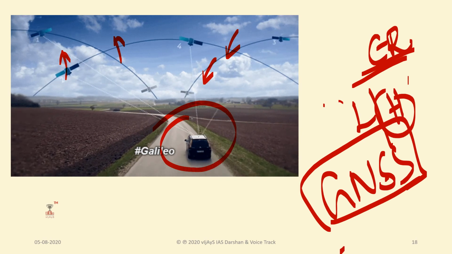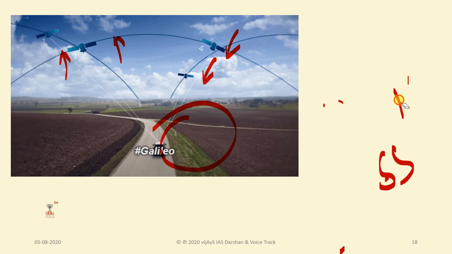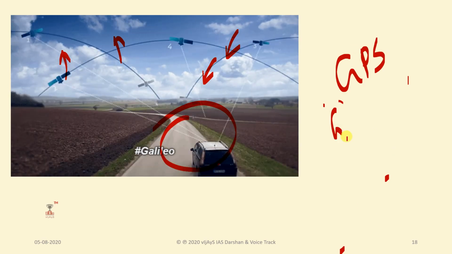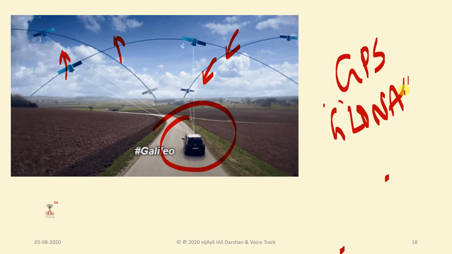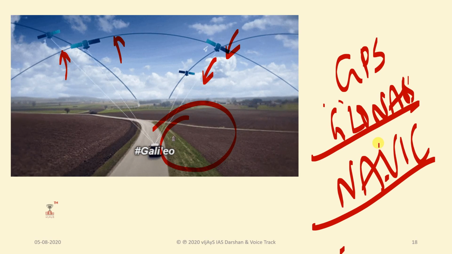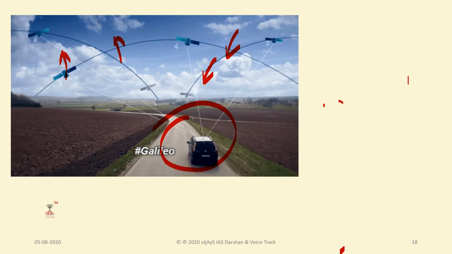Currently the American GPS system is running, and Russia's GLONASS is running here. In the future we can see India's also, called NAVIC. Next, China is also in the process of expanding this.